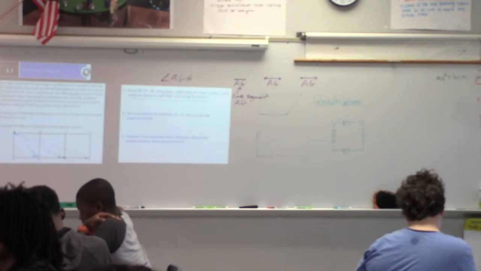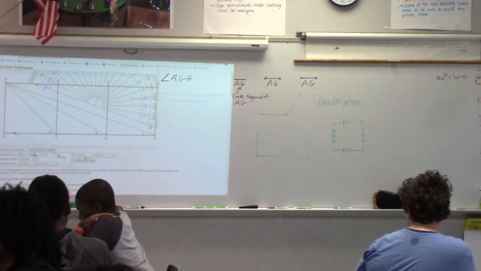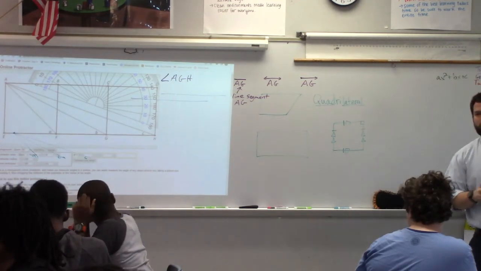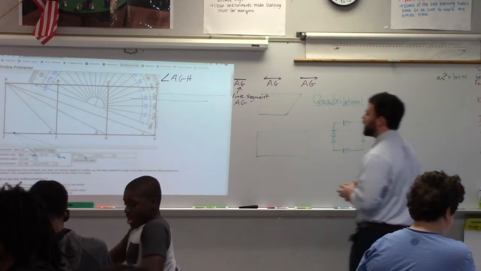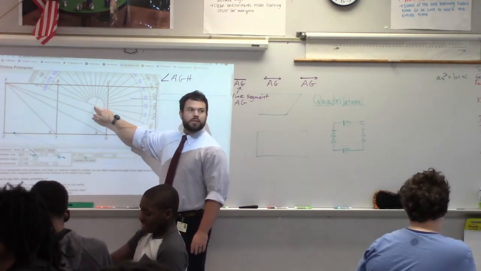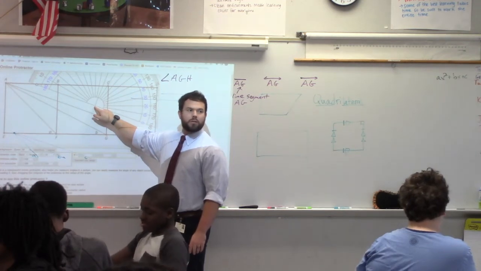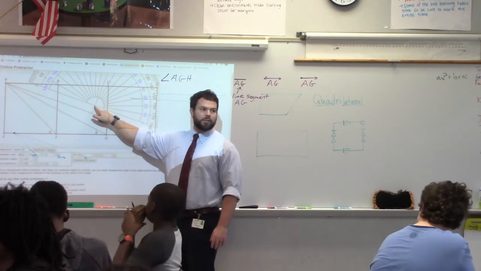Okay, I need y'all to pay attention to this. I went online, found an online protractor to explain very clearly, hopefully clearly, how to use this. First things first, you will either see a little hole or you'll see an intersection like this on your protractor. That needs to go on the vertex.